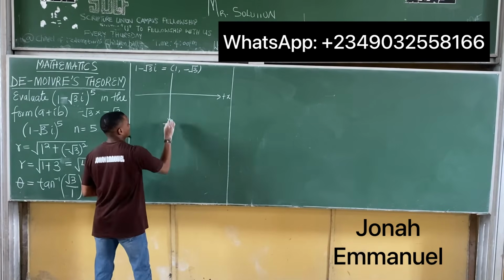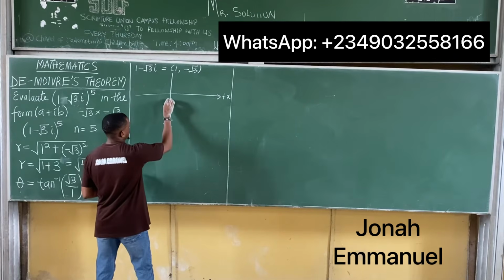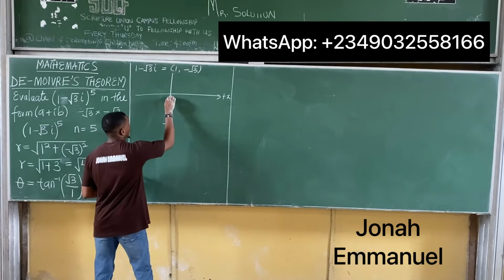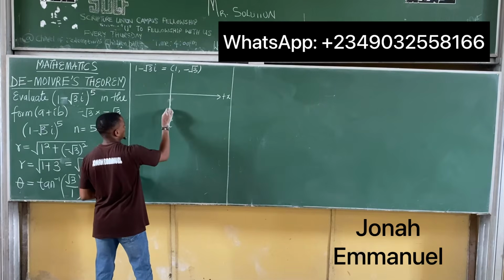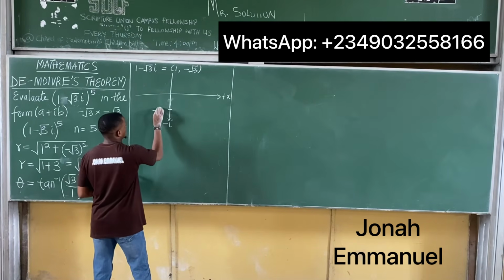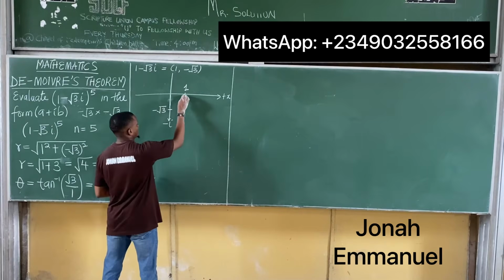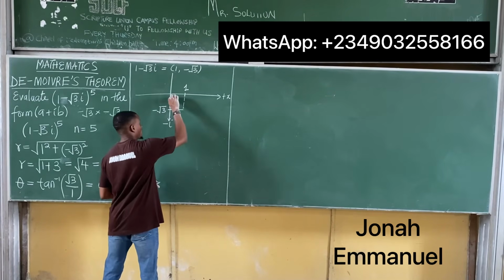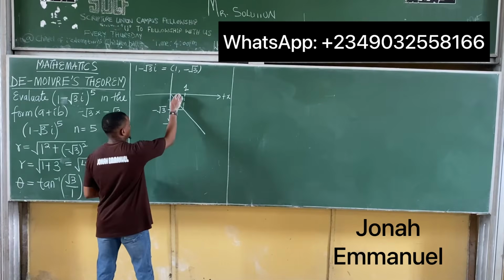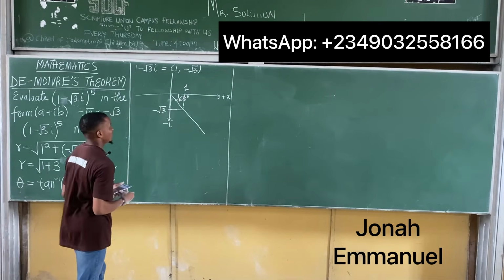Negative i, that's here. So something of this nature, that's minus root 3. That's about 1 point something, minus 1 point something, because root 3 is 1 point something. So somewhere here, minus root 3, then somewhere here, 1 for x. So this one comes down, this one goes this way, and it will go like this. The angle you have is this one here, 60 degrees. This is my reference theta.